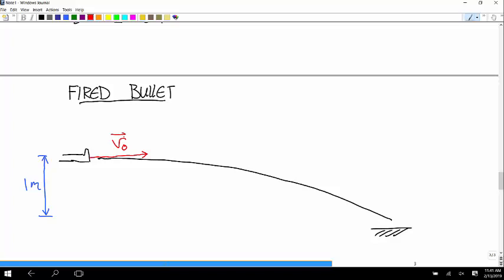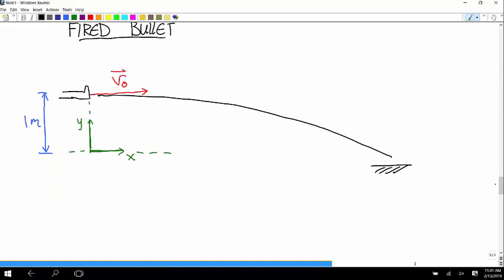To do this problem, we have to choose a location for our origin and an orientation for the coordinate system. The one I usually choose is on the ground, right underneath where the object is at time 0. You don't have to do that, but okay, based on that, oh, and we also have to choose our time equals 0.